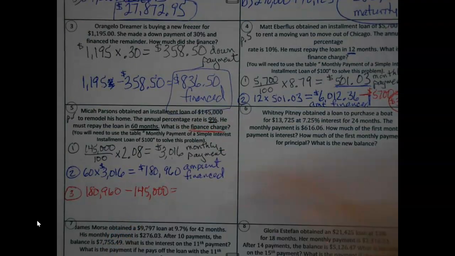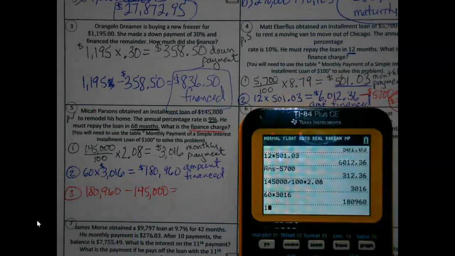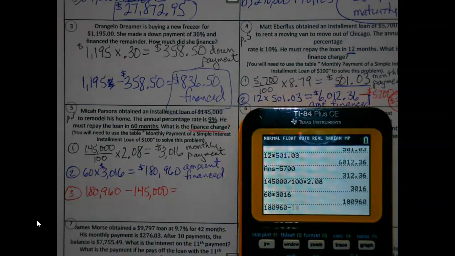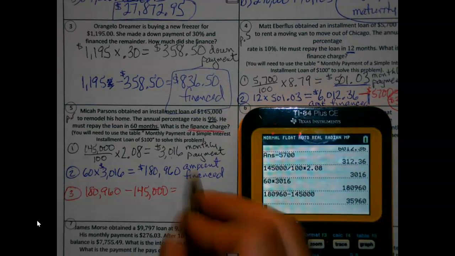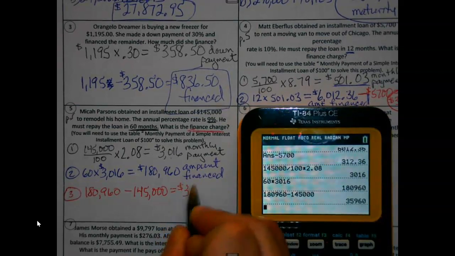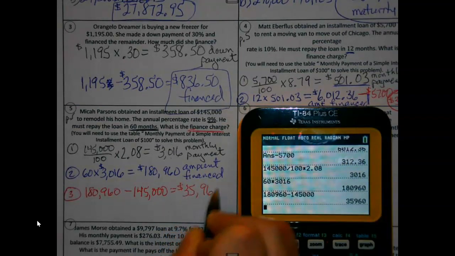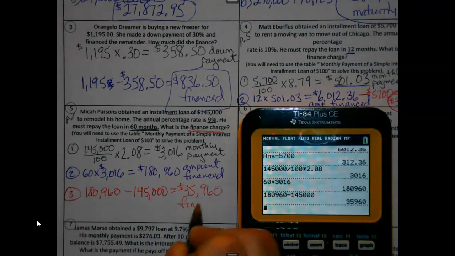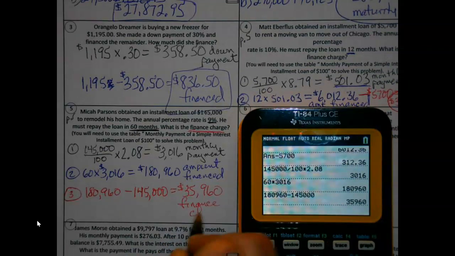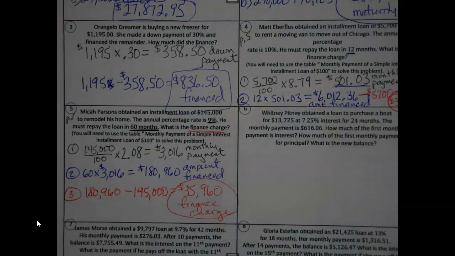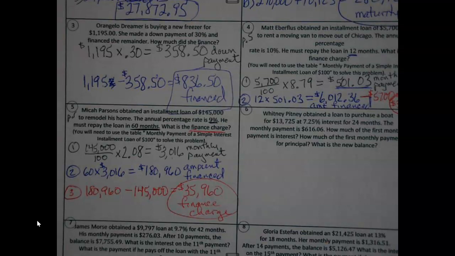And I paid a pretty penny to borrow this money for 60 months, but hey. That's a whole lot of interest. But when you pay a large interest rate for a long time, that's going to happen.